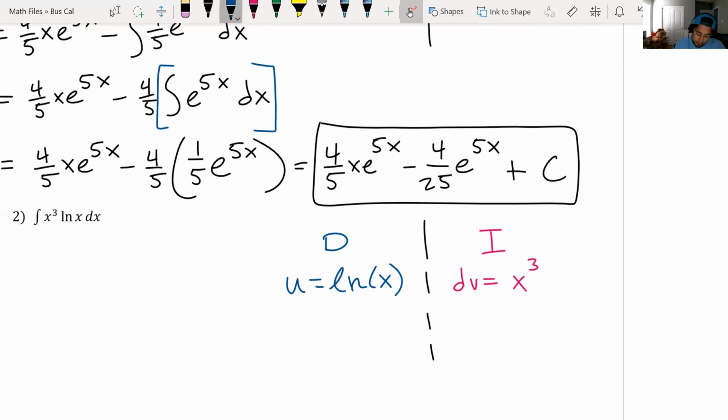Now we do know the derivative of the natural log of x, and when we take the derivative, du is going to be 1 over x dx. Now we want to find the integral of x cubed. So v, the antiderivative of x cubed, is going to use power rule. It's going to be x to the 4th over 4.